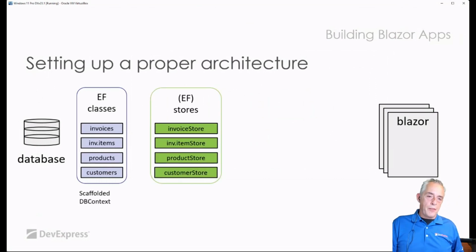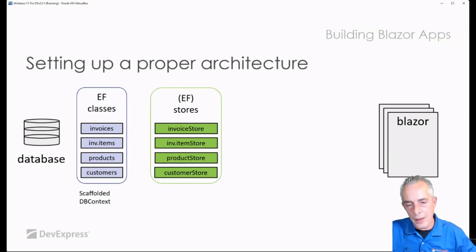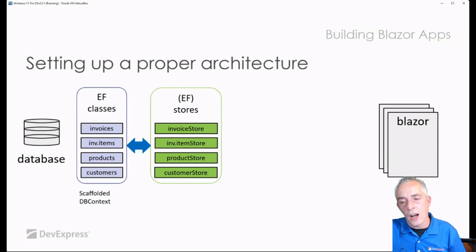Yeah, there is a couple of things that we will put in the middle, and one of them is something that I use myself quite a bit. This approach, and not only for Blazor but for other kinds of projects as well. So we have a store, and a store typically works on the backside. It will work with those EF classes, as you can see, but at the other side, so on the right side, it will use data transformation objects.